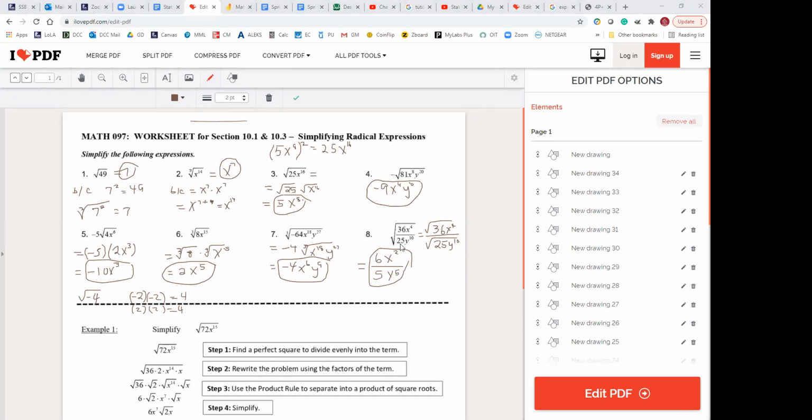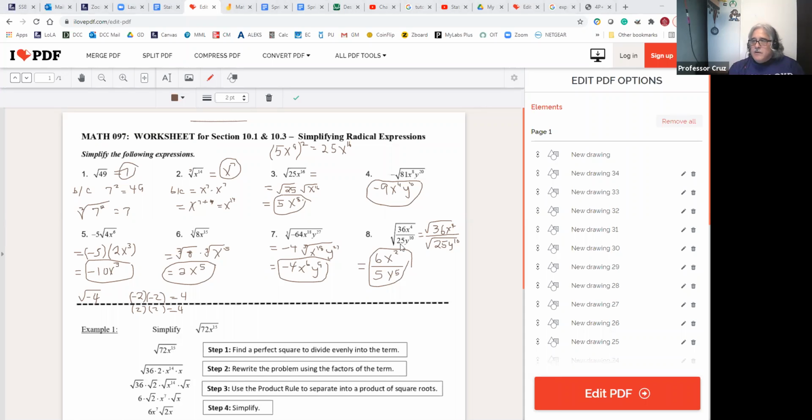And so, let me just show you what I mean now. Let's just say, before you take the square root of it, it's 2. Well, let me show you something. If you take 2 and take the square root of it, it's 1.4142, blah, blah, blah.